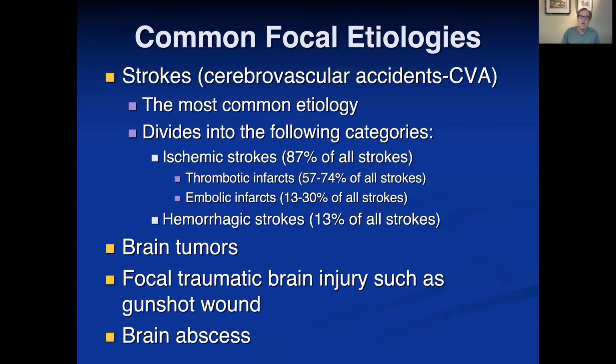Now, why the diversity in numbers here? These are a little bit harder to differentiate. Basically, if somebody does not have atrial fibrillation, they will search for a place in the neck, typically, where there is a narrowing, and if they find one, they will diagnose it as a thrombotic infarct.